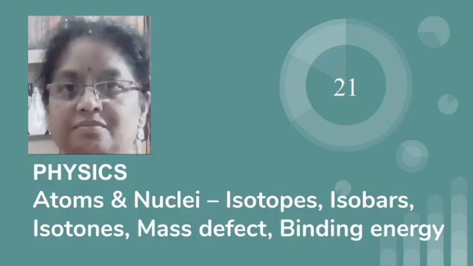Let us now review the nuclear force. In the nucleus, a number of protons along with neutrons are held in such a tiny volume, so there must be a very strong force of attraction between them. This force of attraction is called short-range nuclear force.